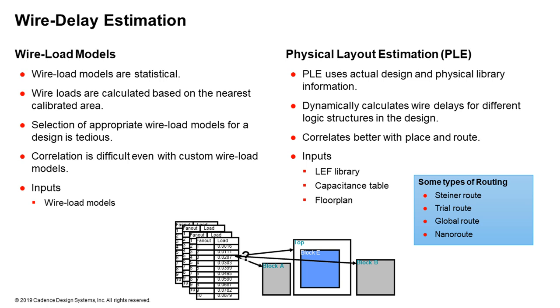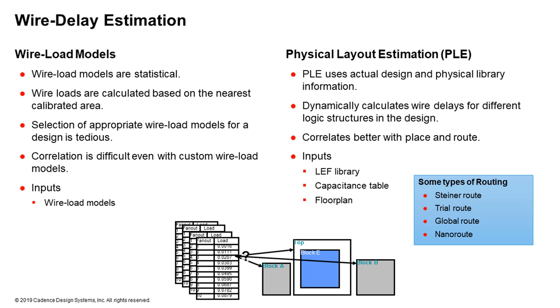Whereas nowadays with the PLE tools, if you provide a LEF library, which is the layout library, and the capacitance table and the floor plan, they try to calculate again dynamically, but still it's an estimated delay.